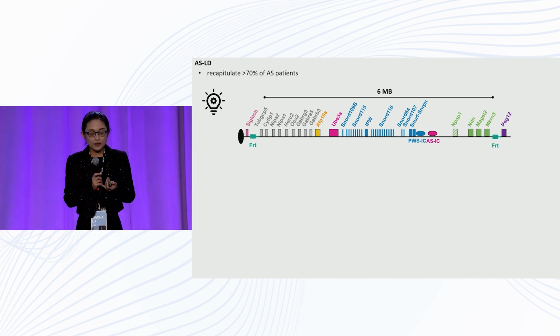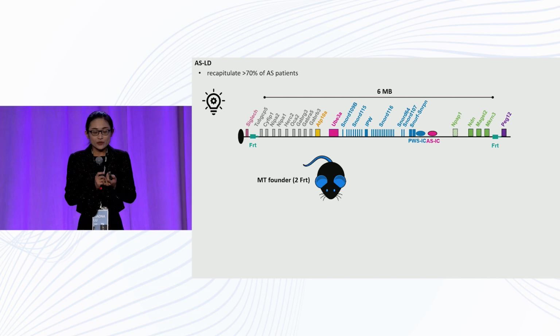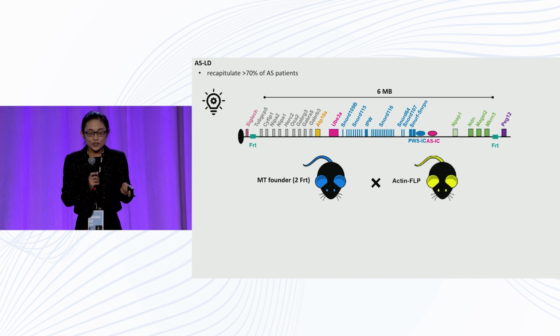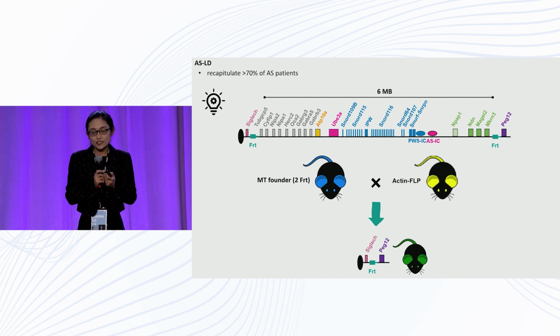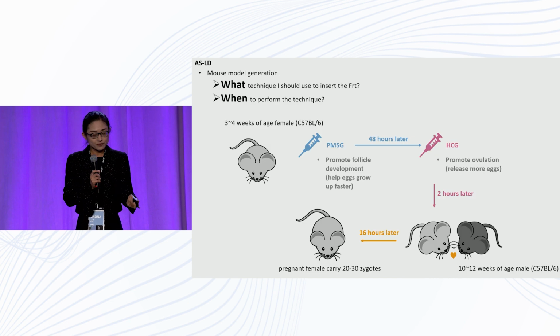When both of them are in place, we can generate founder mice which carry both FRTs on the same chromosome. Then we cross these founder mice with an actin-Flp male, which can detect the 2 FRTs and remove all the genes between them as long as the 2 FRTs are on the same chromosome. This means we will have large deletion mice in the next generation.